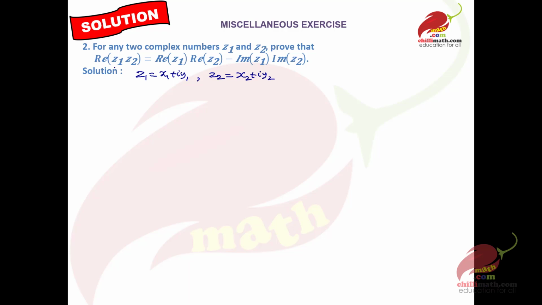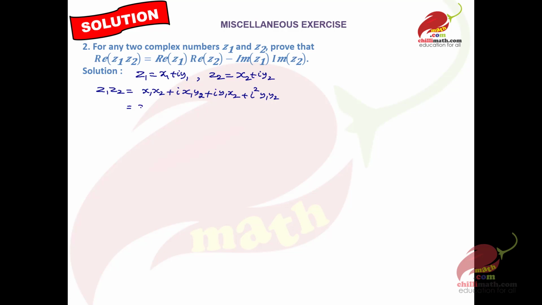On the left hand side, we need the real part of z1 into z2. So first of all, let's multiply these complex numbers. How to multiply? x1 with this x2 plus i y2, we get x1 into x2 plus i into x1 into y2 plus i into y1 into x2 plus i into i^2 into y1 into y2.